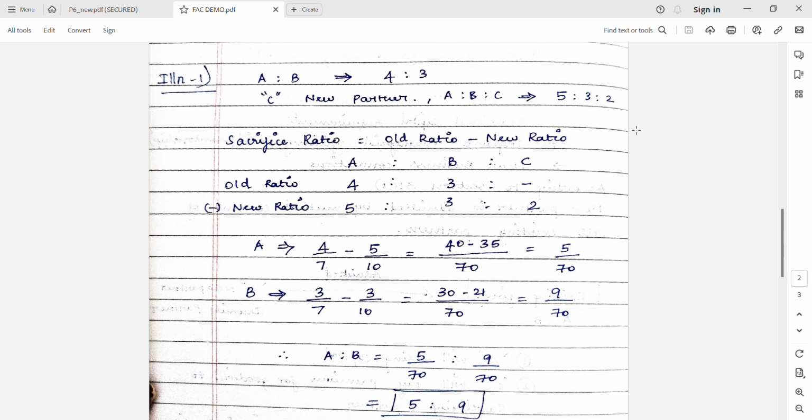Now we are converting the ratio format into fraction format. 4/7 means 4 divided by 7, where 7 is 4 plus 3, the old ratio. Next, 5/10 means the 10 is the sum of 5 plus 3 plus 2, the new ratio.